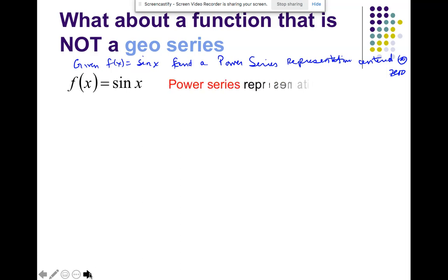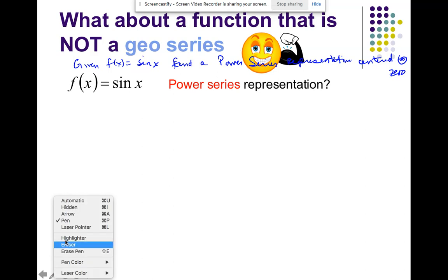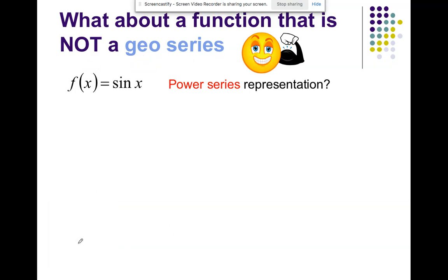Or I could say, give me the Maclaurin power series representation for this, right? I could say either one. If I say Maclaurin, I don't have to say the center. If I say Taylor, I have to say the center even if it's 0. Does that make sense? I hope so.